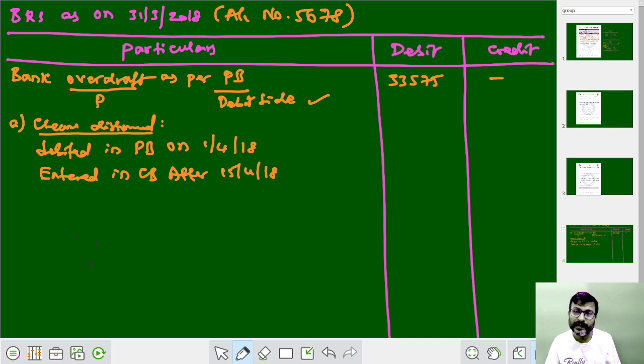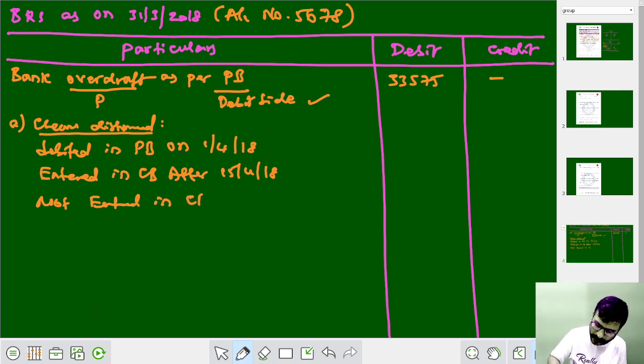It means entered after 15th April. So see, my dear kids, dishonor means payment. When did the payment happen? In the passbook on 1st April, in the cash book on 15th April. It means not entered in the cash book and passbook until 31st March.